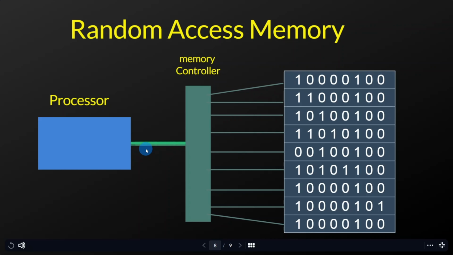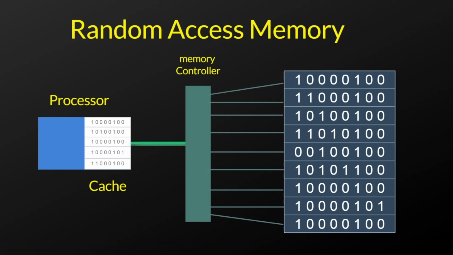There is one more concept in our processor. It's called cache. In reality, there will be a series of caches: L1 cache, L2 cache, L3 cache. But we can just picture it as one bulk cache. The purpose of this cache is that whenever the processor tries to read some data from the memory controller, the memory controller will pass the nearby contents to the processor also. Let's say the processor tries to read address 0.